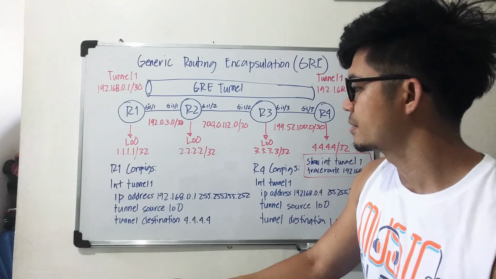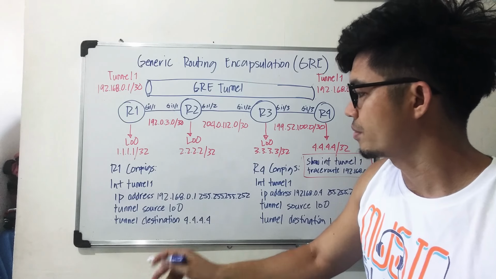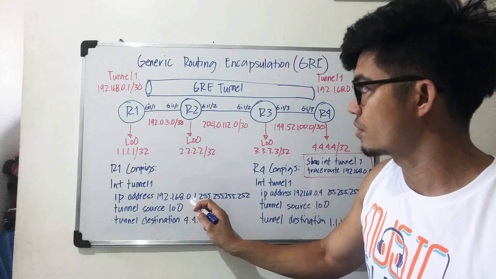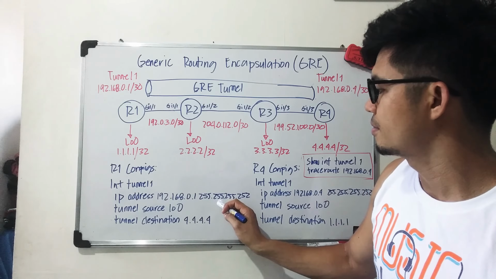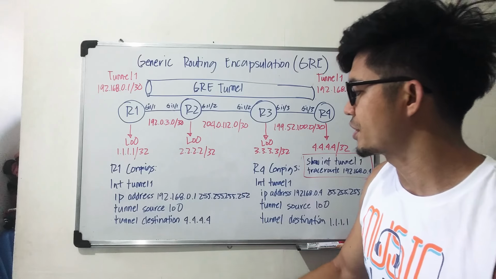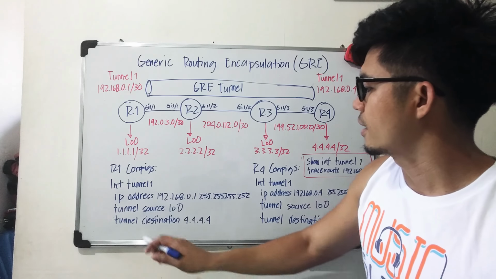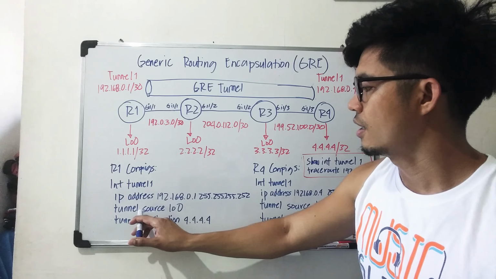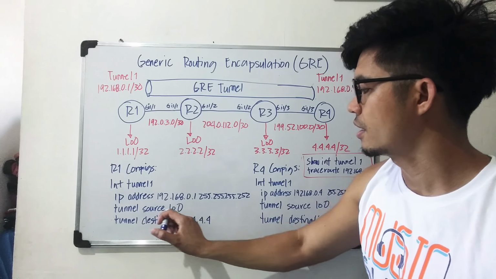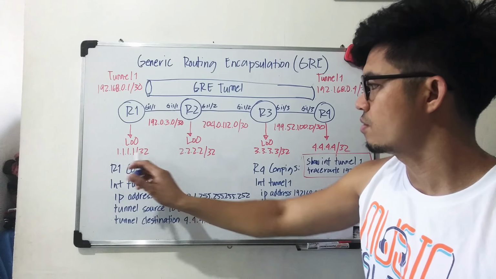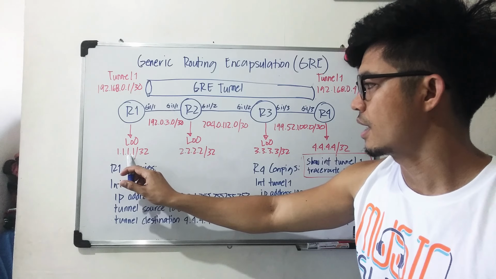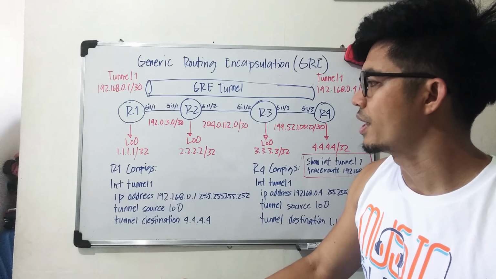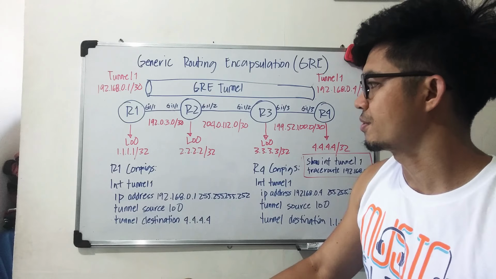In this case, as you can see here, we are using 192.168.0.1/30 for the point-to-point connection, and this is where you specify the source of the tunnel. So tunnel source, we are using loopback 0. This is the IP address of loopback 0, 1.1.1.1/32.